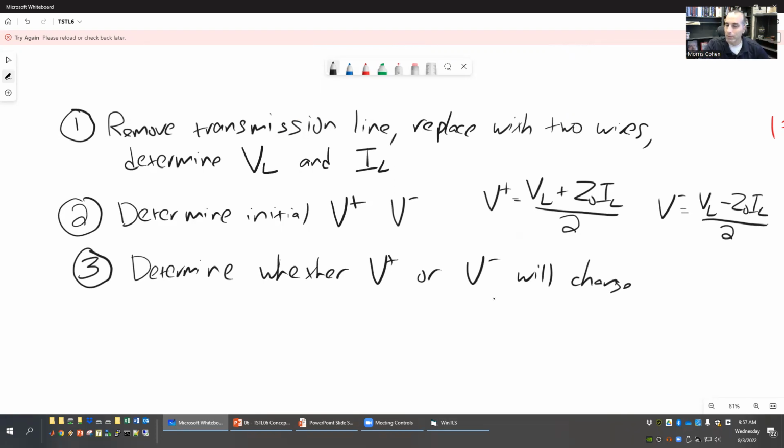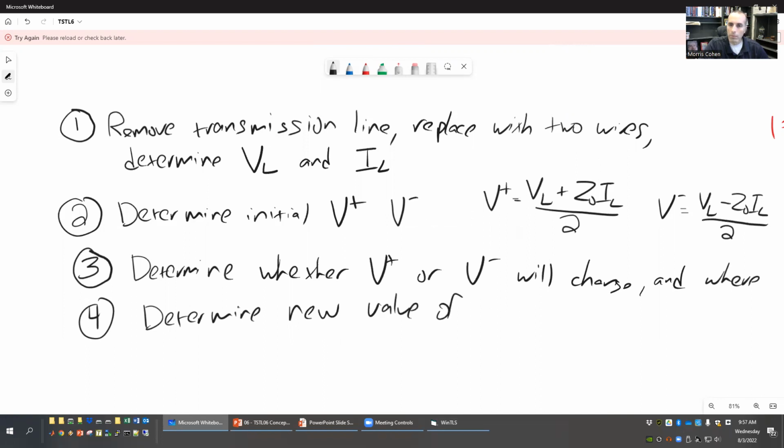That's step 3. Step 4 is determine a new value of either V positive or V negative based on your answer to number 3.